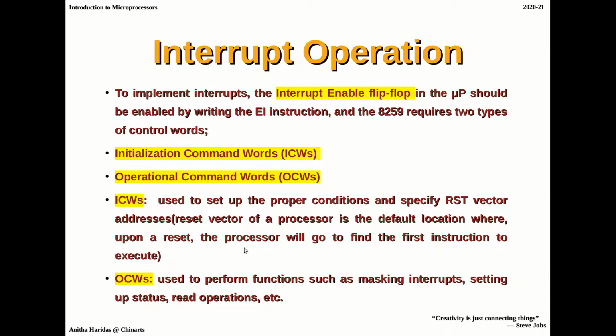So this address will specify where exactly it has to go for locating the first instruction to be executed in the interrupt. That is what the ICW is. So the ICW will be initializing the proper conditions, and it will also specify the reset vector address.